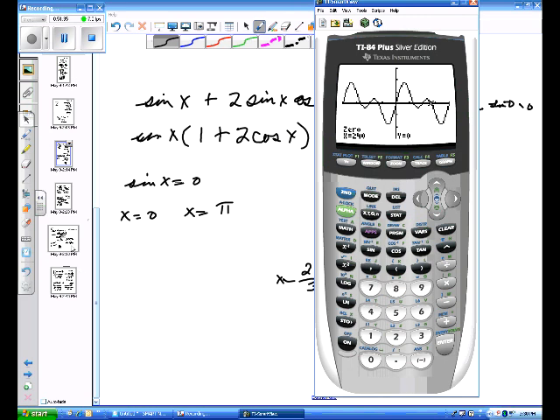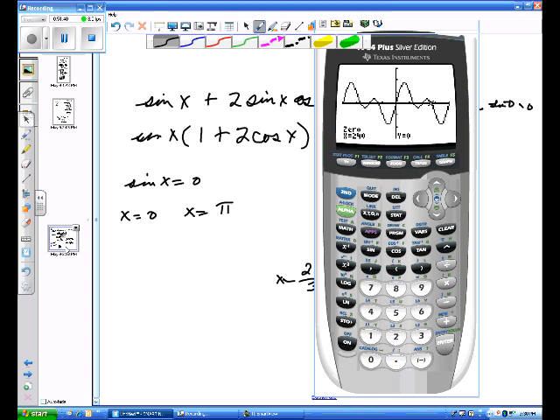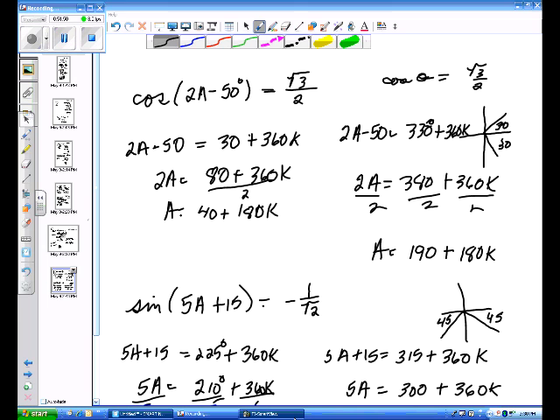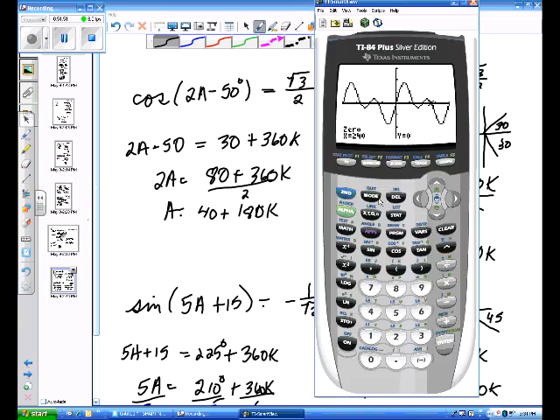And so you can use your calculator on that to come up with those values. Now let's look at one. We could do the same thing on the one that was the quadratic formula. It equaled 0, so we could graph that. And even one, let's try one of these. Okay, let's clear.